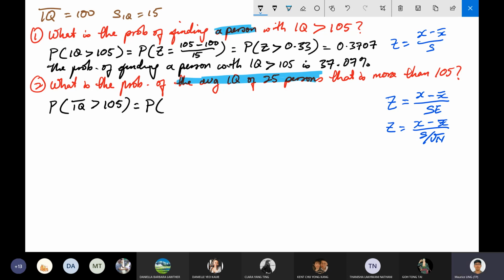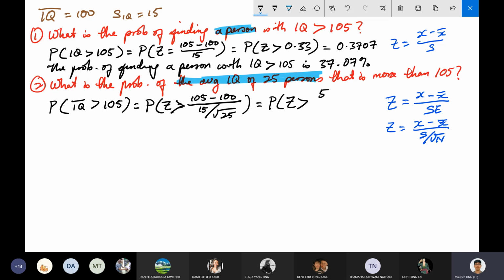If you want to convert to the Z value, still 105 minus 100, but the denominator has changed. The denominator is originally 15 divided by square root of 25 persons. That becomes this.